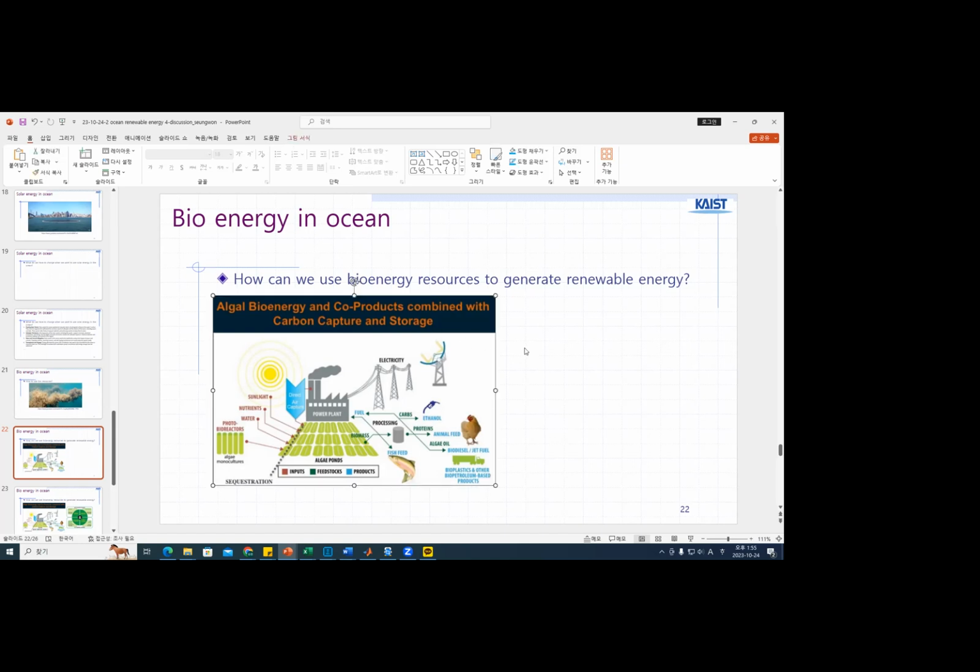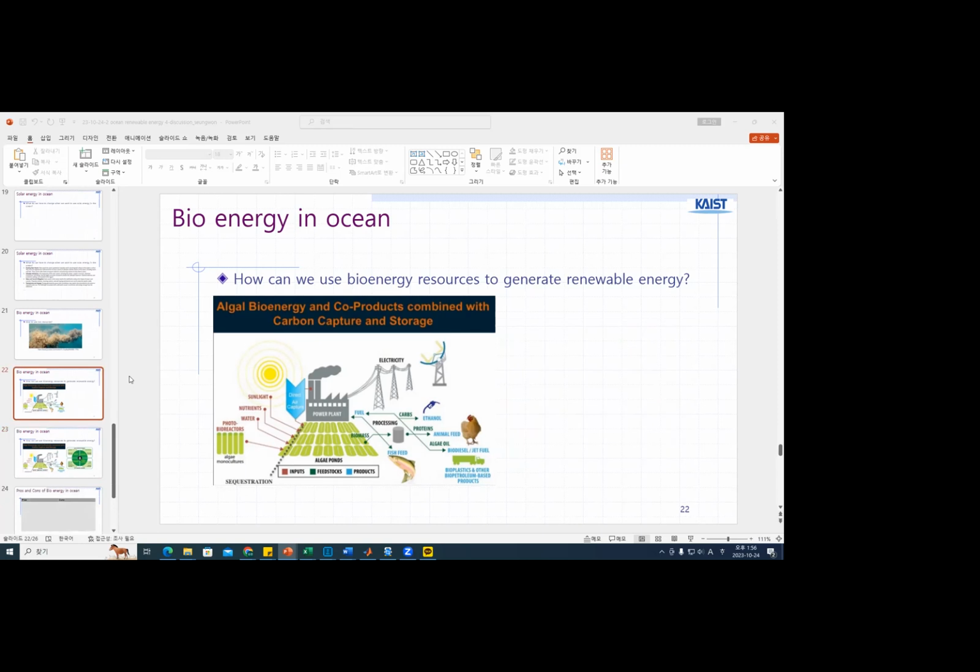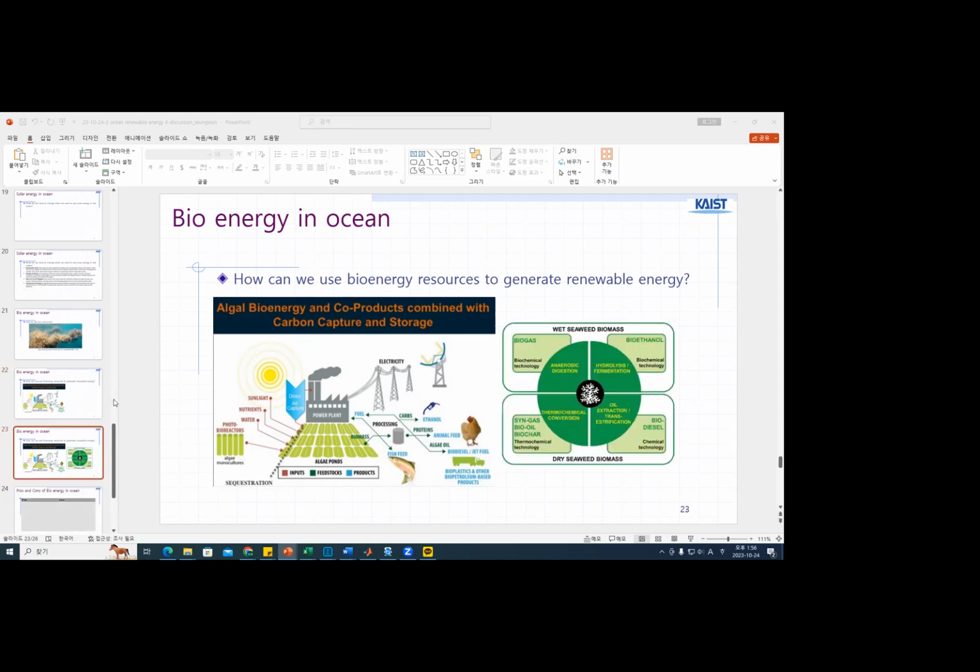Is there anyone who can describe this schematic? No one? Okay, then.